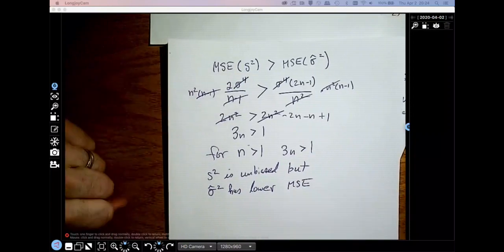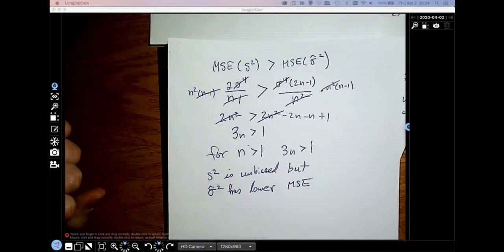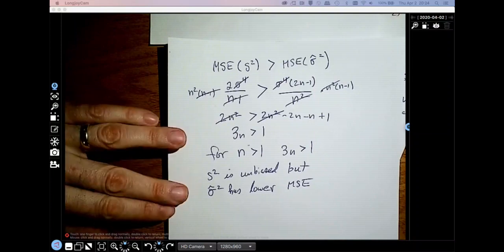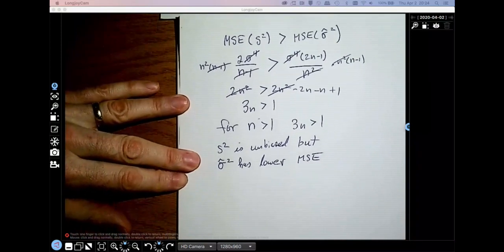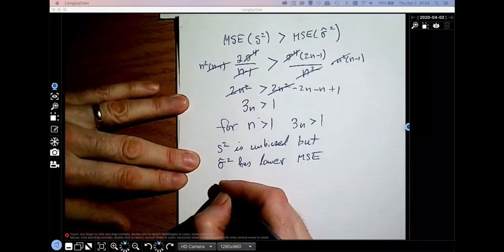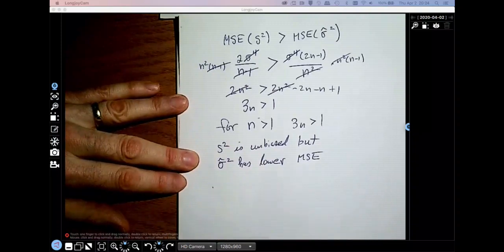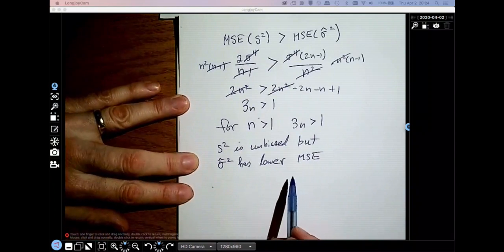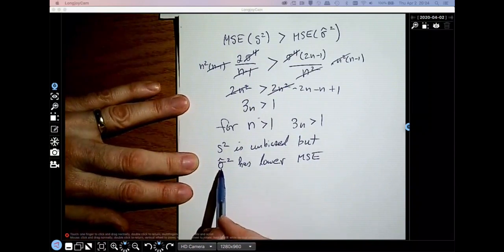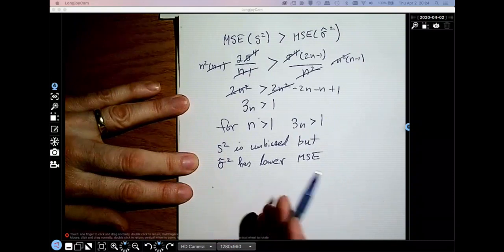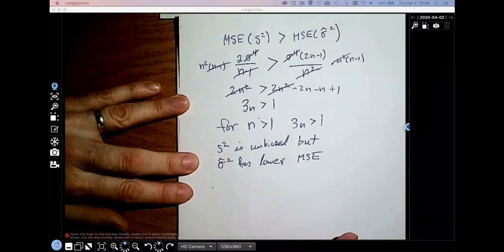There's actually a problem in Devore, which I might give as a homework assignment, which is to find the estimator that has the smallest mean squared error. It turns out you can actually do better than sigma hat squared with a different denominator. But I think I'm going to save that for the homework.